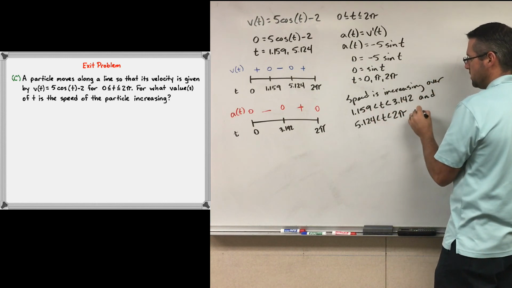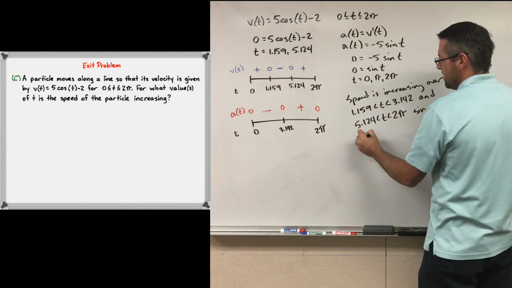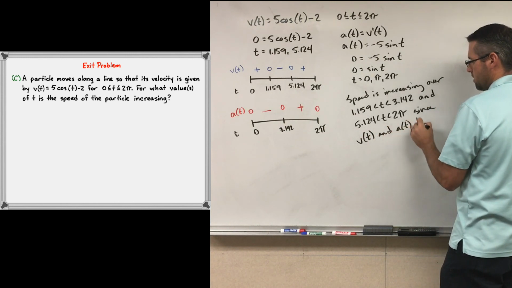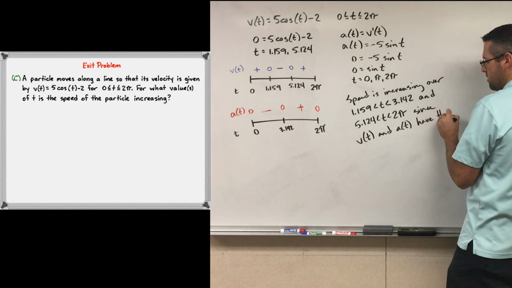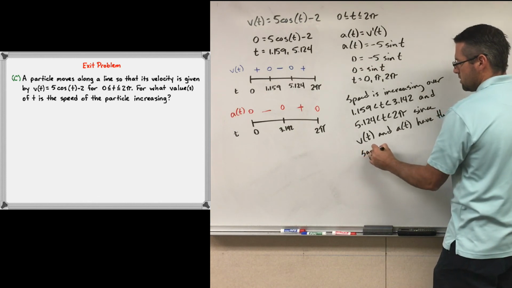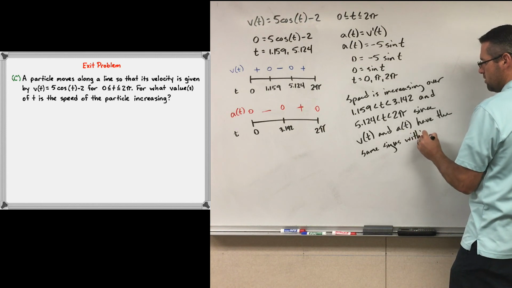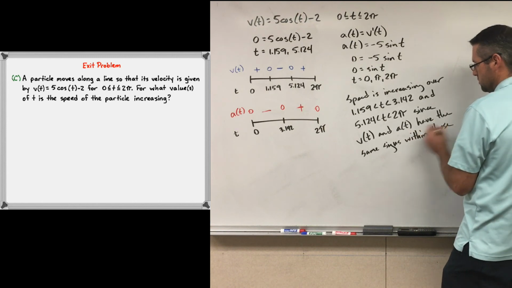And now our justification: since v of t and a of t have the same signs within those intervals.